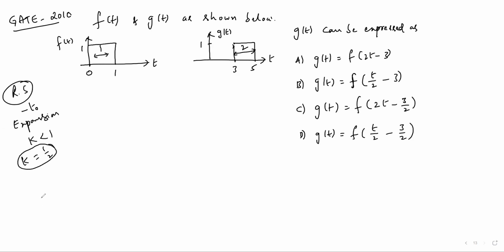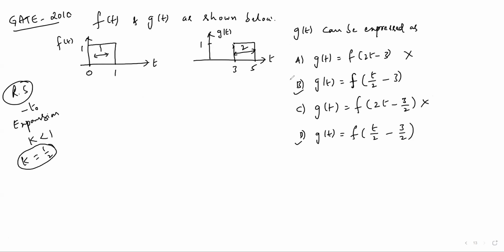So t should be multiplied with 1 by 2 to get the expanded signal. T multiplied by 1 by 2, how many options do we have? B and D. So we can exclude options A and C first. The answer can be either B or D, so you have to verify which one is the correct one.